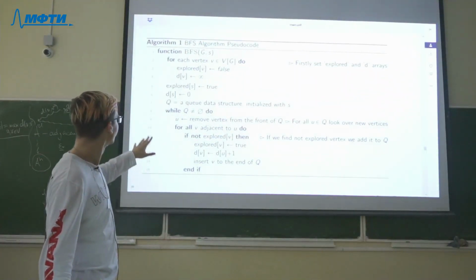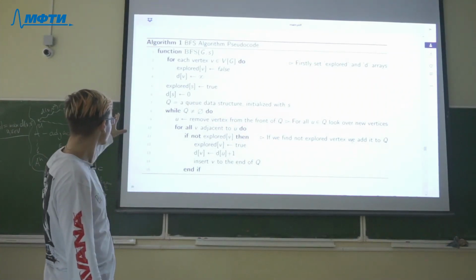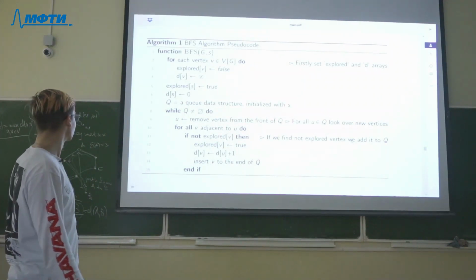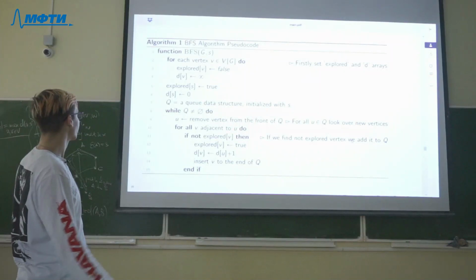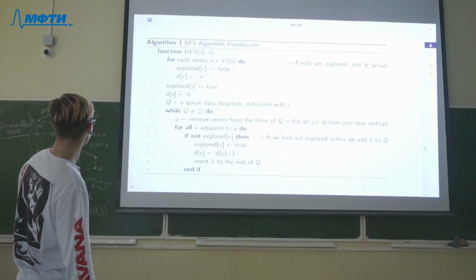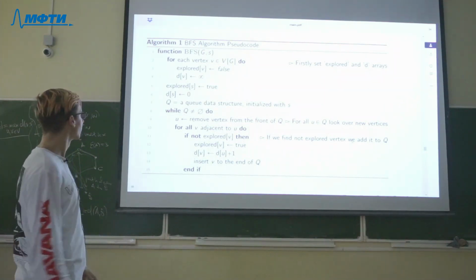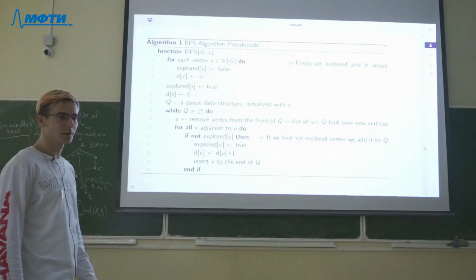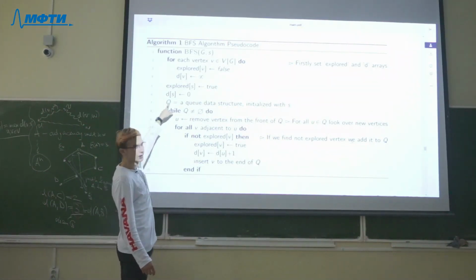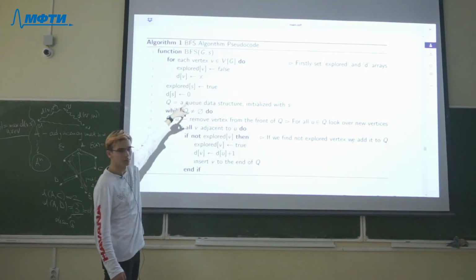So the first 5 rows, from 2 to 6, are presetting before we start our algorithm. We say that we know only the distance between S and S, and other distances we don't know.